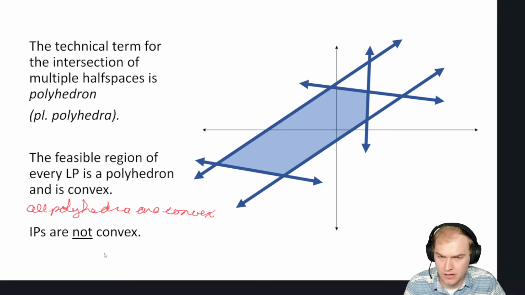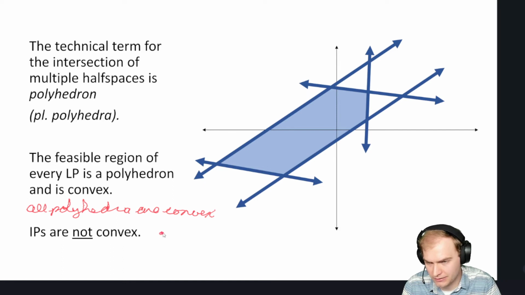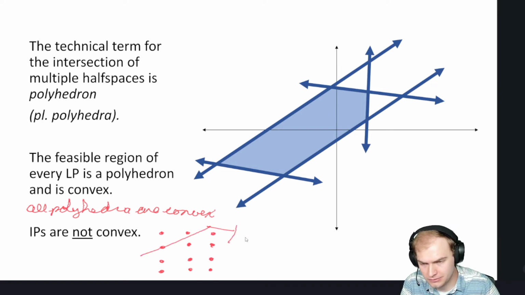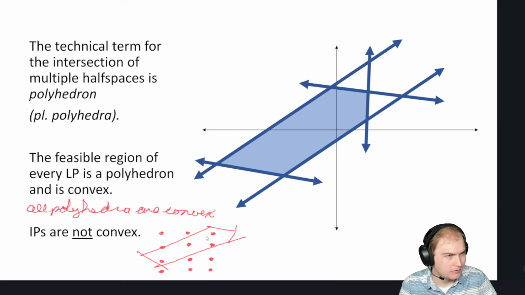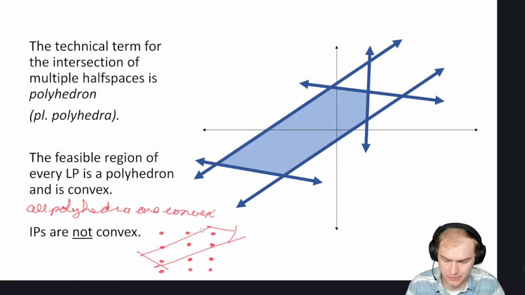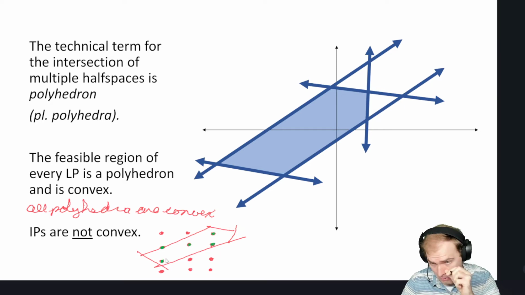Well, if you remember, we decided that the lattice of integers is not convex. An IP will have a polyhedron, what have you, sort of superimposed over the lattice of integer points. And we're going to take the intersection of those, which gives us sort of these distinct points.